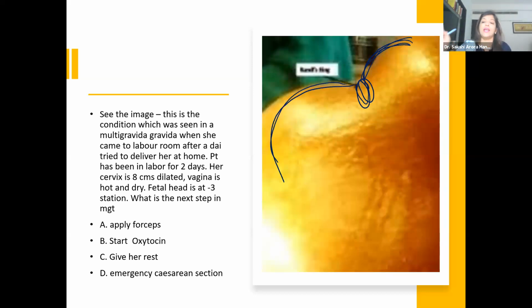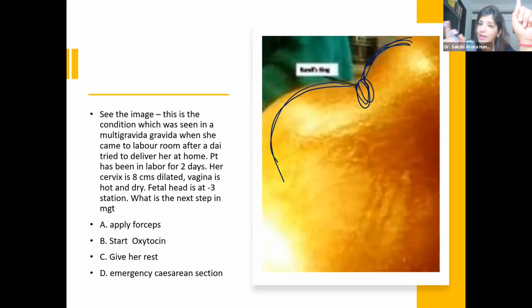And patient is 8 centimeters dilated. So what do you understand by this? This means that the head is unable to enter into the pelvis, right? And that means that it is a case of cephalopelvic disproportion, where the cervix is dilated, it is 8 centimeters, and head is still at -3 station.